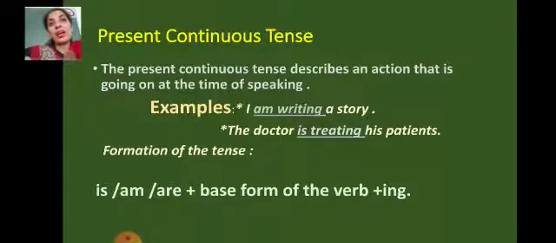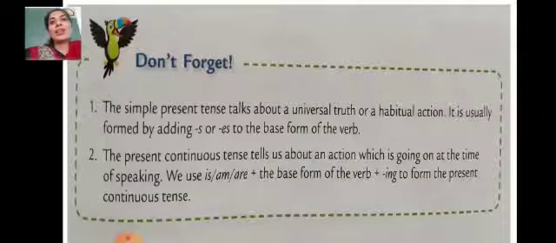Before M there is I, so M will be doubled while adding ing. Swimming. If there is E at last, E will be dropped, add ing. Correct, children? So there are some spelling rules which you have to learn on your own, which I think were already done in the previous class as well. Okay, so remember the formation, remember the rule. Now here are some more tips which you have to remember.